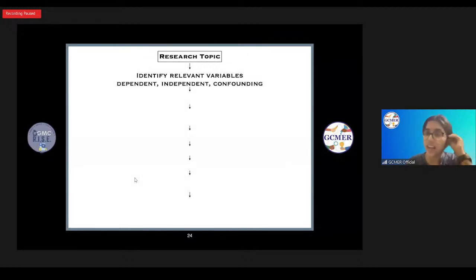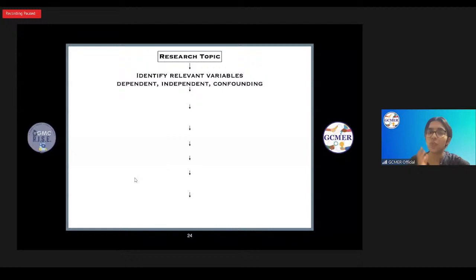So once you have a research topic, you need to identify the relevant variables, okay? Be it dependent variables, independent variables, or confounding variables, right? A dependent variable and independent variable. Let's say I need to give you an example for this.